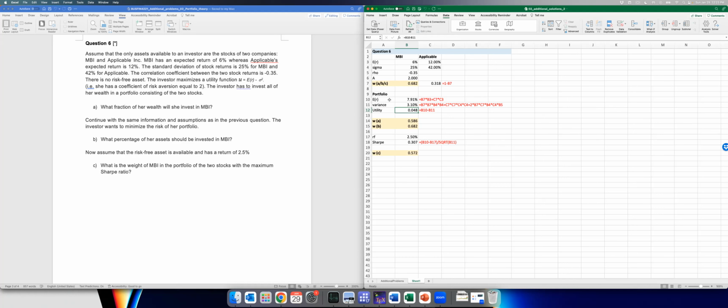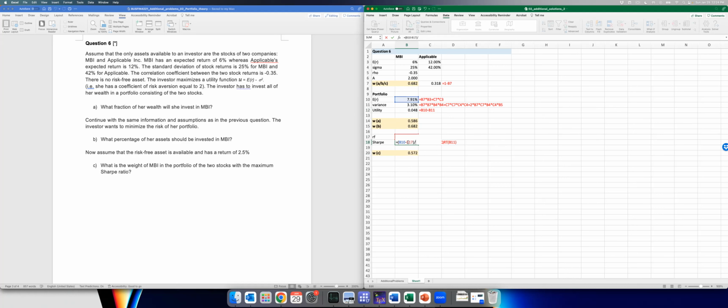So let's pretend that we know W for now and calculate the Sharpe ratio. Let's put the risk-free rate here. The Sharpe ratio would be calculated as the excess return of the portfolio, which is B10, minus the risk-free rate, that is B17, divided by the standard deviation of the portfolio.